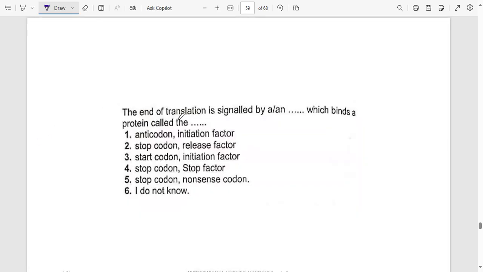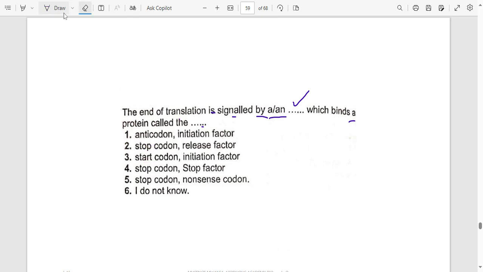The end of translation is signaled by an dash, which binds a protein called the dash. What will be the signal? Anticodon, stop codon, start codon, stop codon. So already you remove anticodon, isn't it? So let's remove.